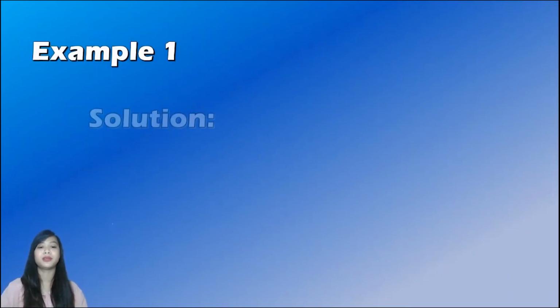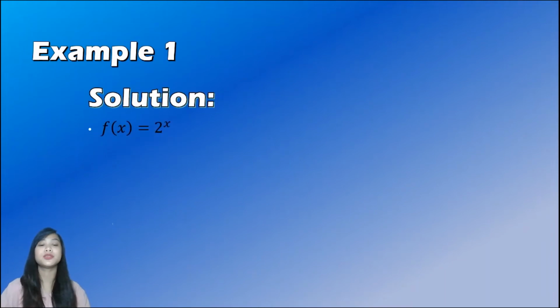Let's solve. For the first solution, we have the first function, the f of x, which is equal to 2 raised to x. The assumption in here is that your domain is the set of your x values.